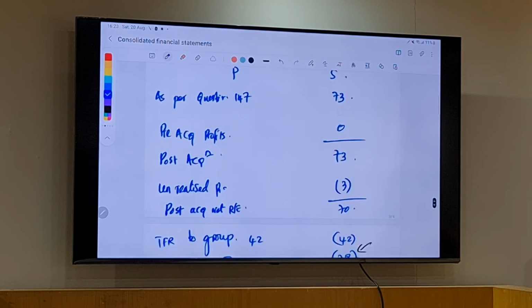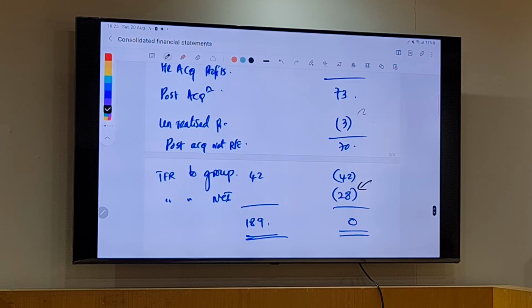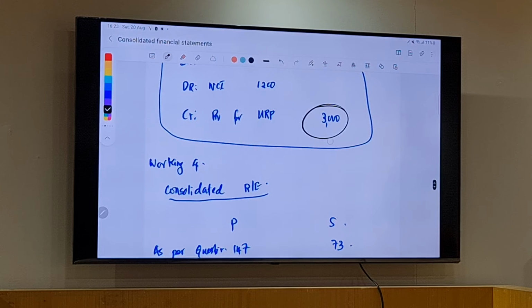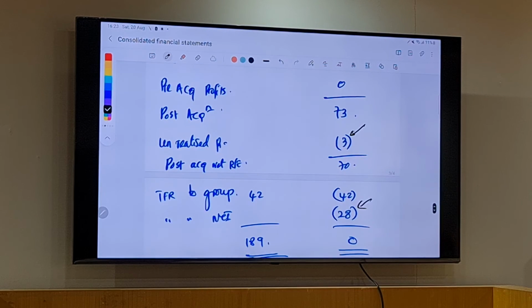See, I am subtracting here 3,000, which is this total, and then I am transferring 60% of this. But I could also transfer 60% from here. Can you calculate for the sake of understanding 73 into 60%, how much? 43.8.